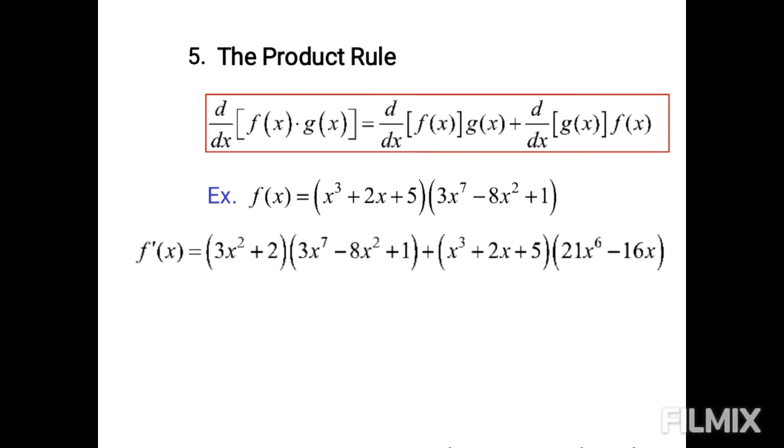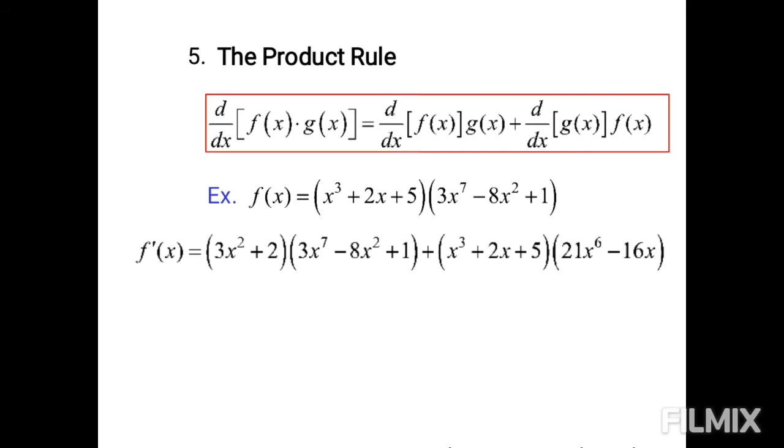So the derivative of 3x to the 7, we have 21x raised to the 6th power. And then minus the derivative of 8x squared, with the use of our constant multiple rule: 2 times 8 is 16, and since we have 2 as an exponent, we only have x here. And then we have a constant 1, and the derivative of this is equal to 0. That's why we only have 2 terms here, 21x raised to the 6th power minus 16x.